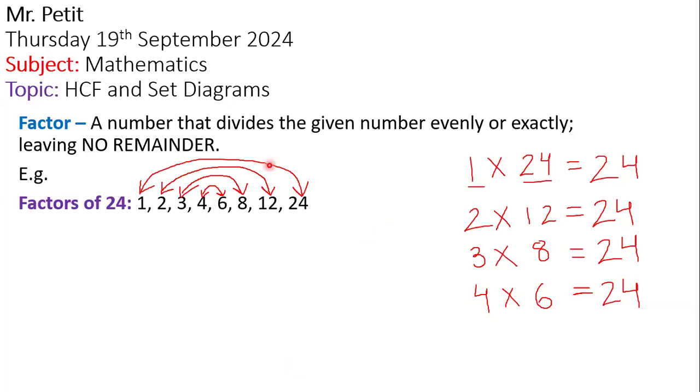Cleveland, give me a factor of 24. 4 times 6. 4 and 6. Very good. Metellus, give me a factor of 24. 3 times 8. 3 and 8. Very good.